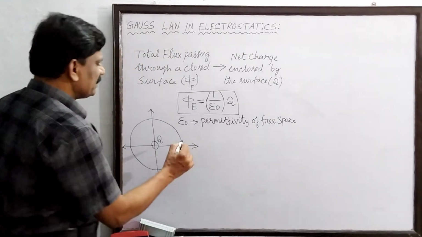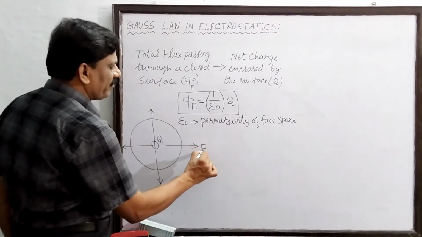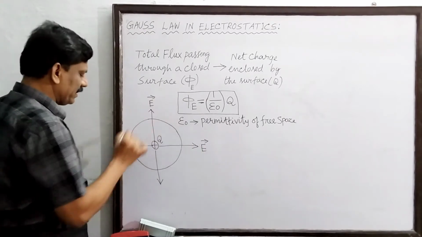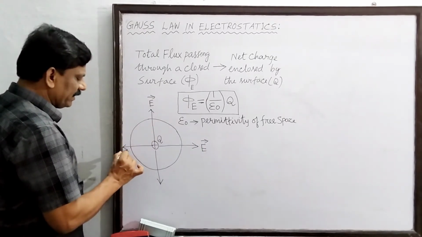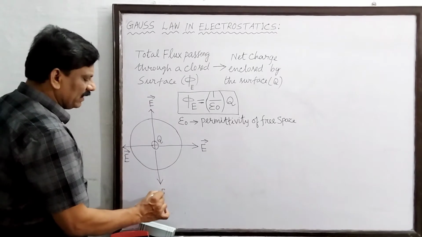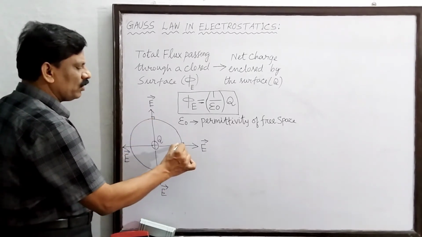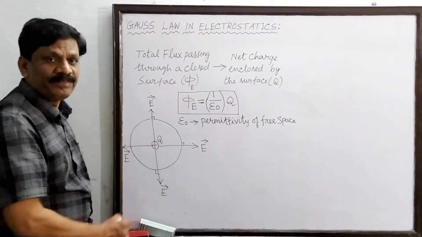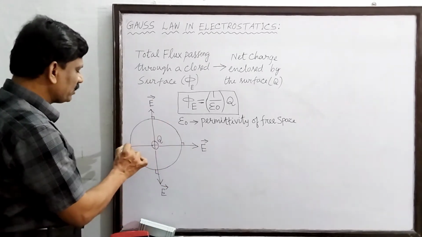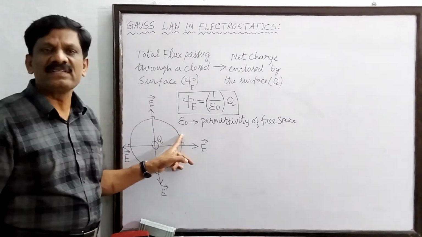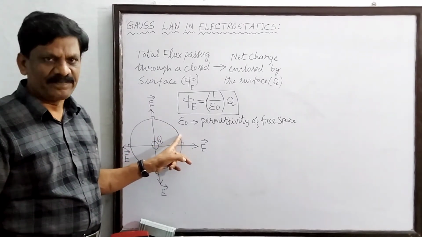So this is the direction of electric field at every point. Can you see that at every point the direction of electric field is perpendicular to the surface area of the sphere? At every point the direction of the electric field will be perpendicular to the surface area of the sphere.